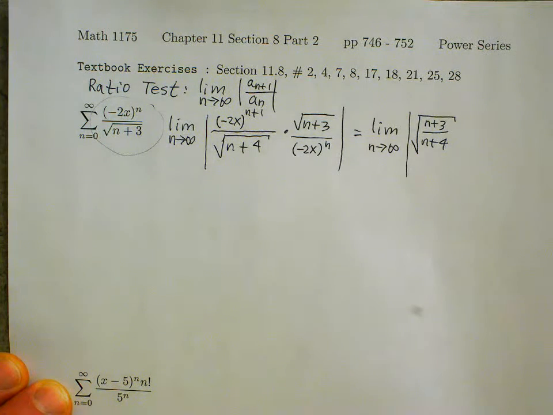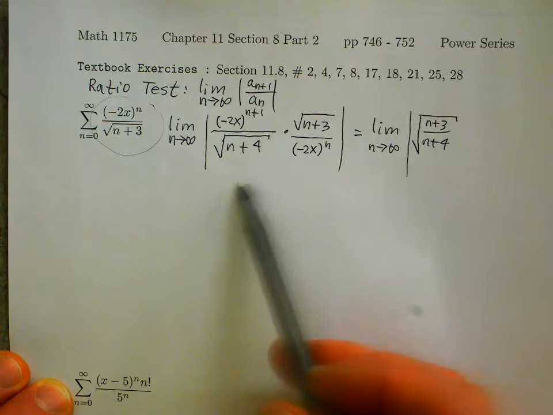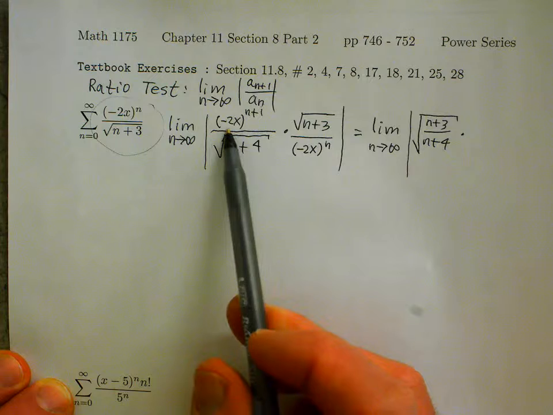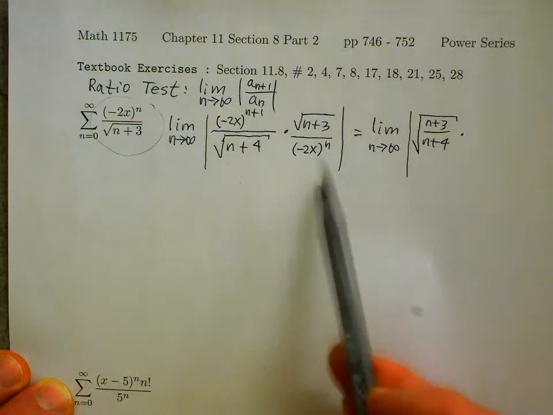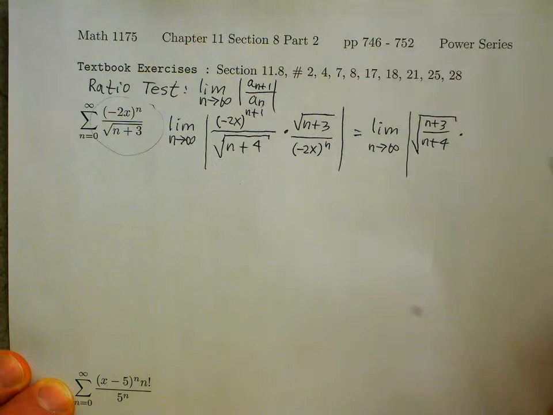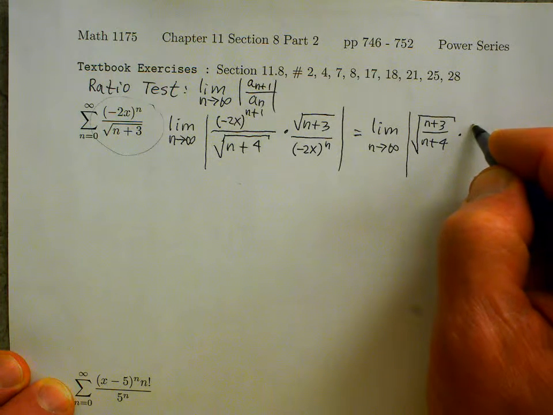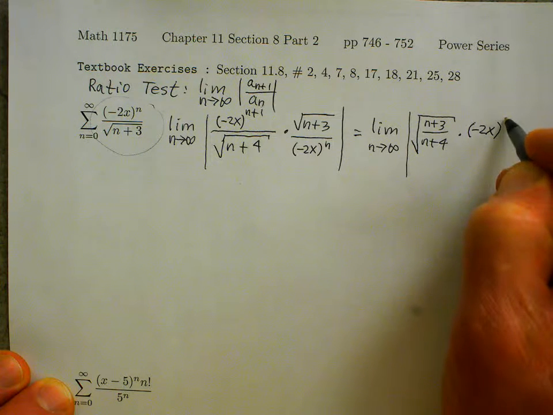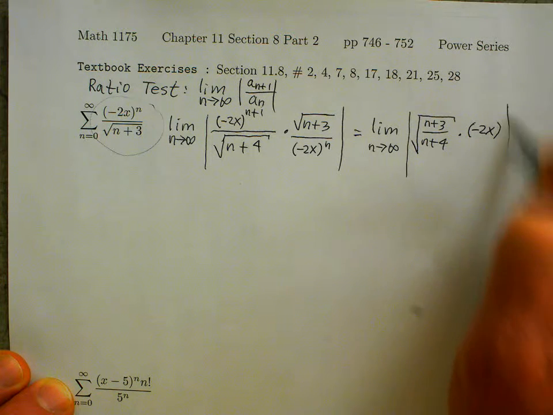It's using the quotient property of radicals to do that. And then the expression negative 2x to the n plus 1 divided by negative 2x to the n just simplifies to negative 2x to the first, or negative 2x.